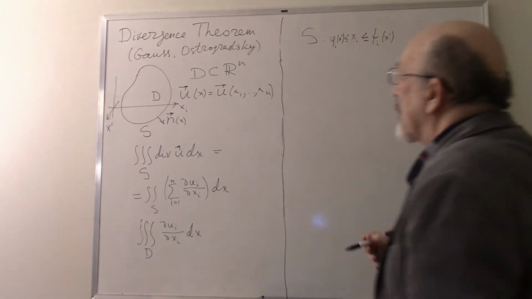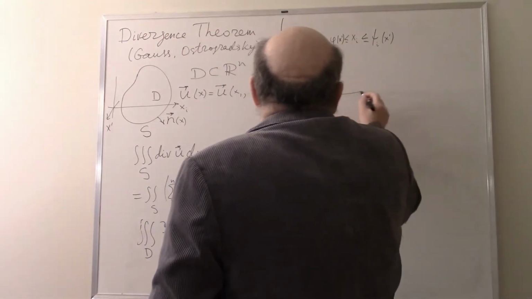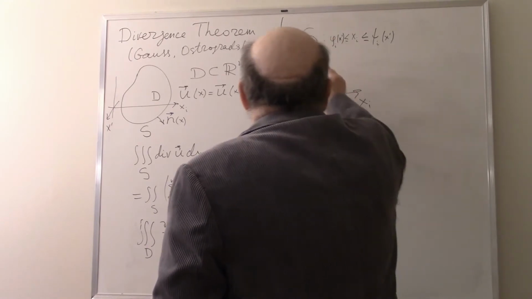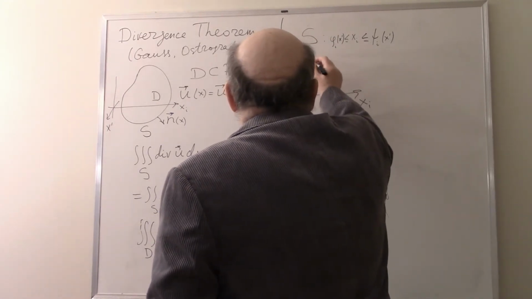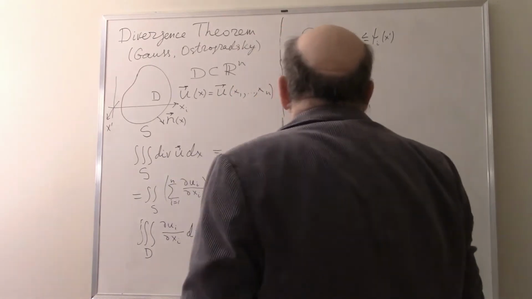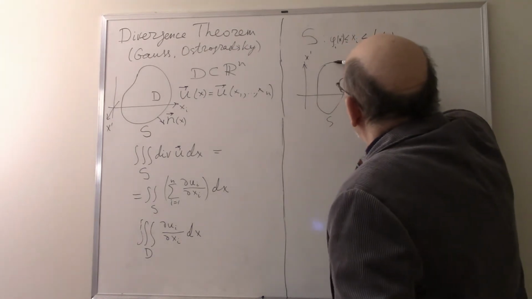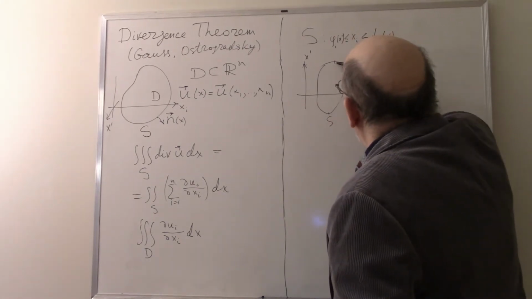So we have two surfaces; this is xi, this is all other x prime, and our surface S consists of two parts.